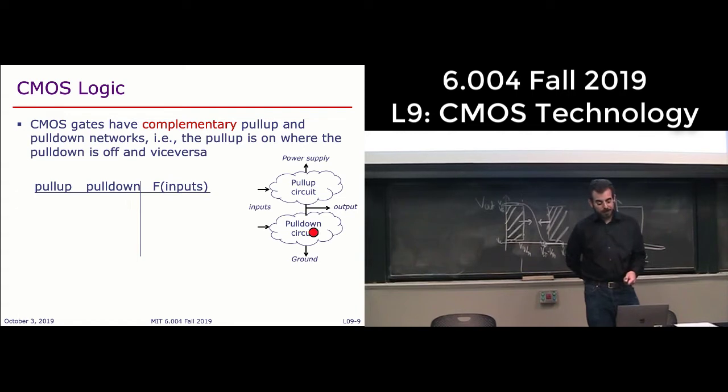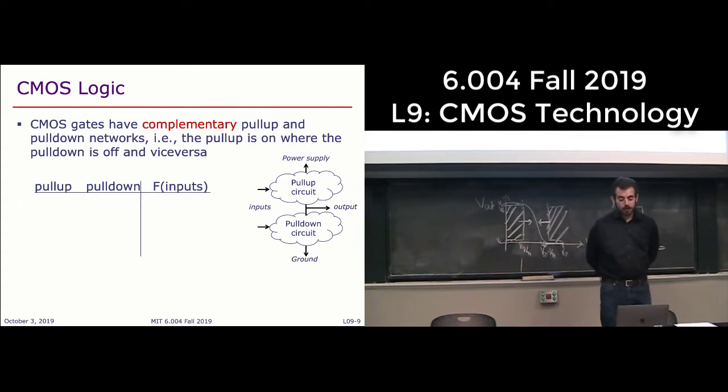The pull-down circuit is going to connect, under some combination of inputs, the output to ground, and the pull-up circuit, under some combination of inputs, is going to connect the output to the power supply, to the supply voltage, to VDD.